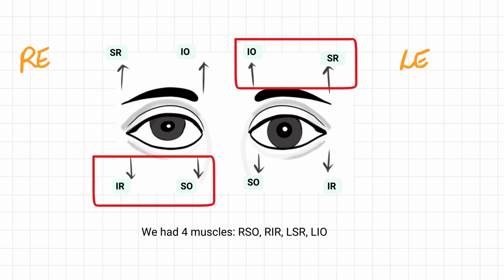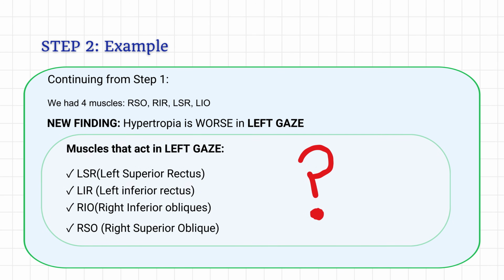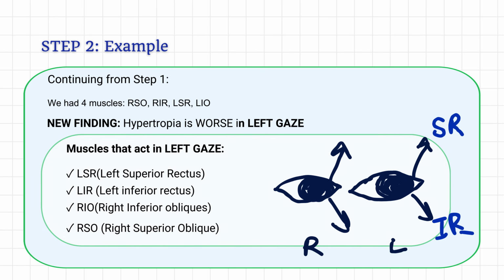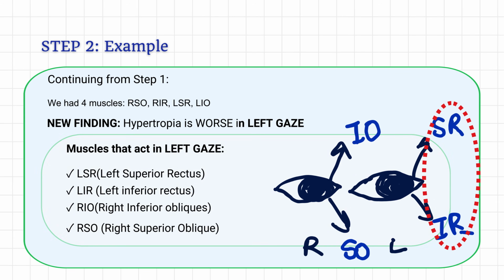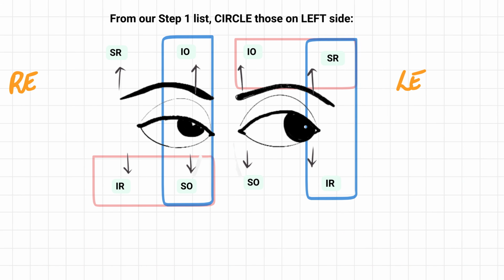Let's see how. First, ask yourself which muscles act in the left gaze. In the left eye, which is abducted, the vertical movers are the superior rectus and the inferior rectus. So we circle these muscles. In the right eye, which is adducted, the vertical movers are the inferior oblique and the superior oblique. So we circle these as well.